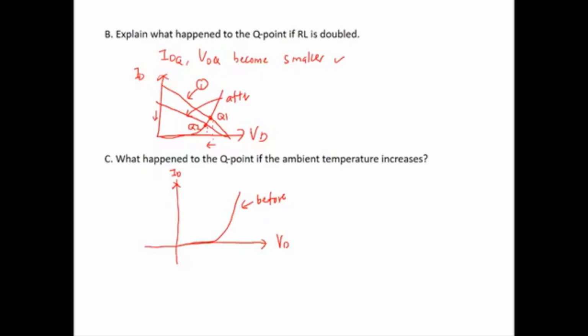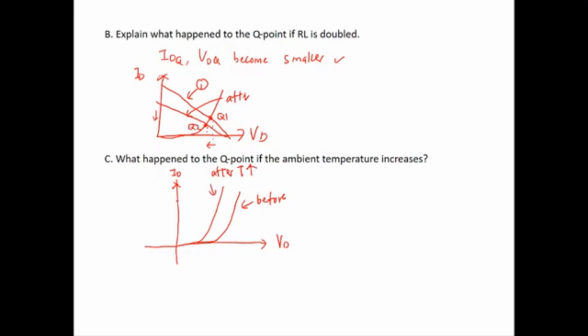In the ID-VD characteristic, this means that the sudden increase of the current will occur at a much lesser voltage. So it becomes something like this. This is after the temperature increase, so this is before and after. You see the knee voltage shifted to a lower value.